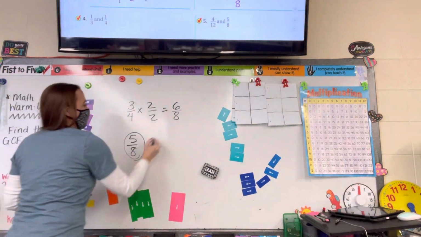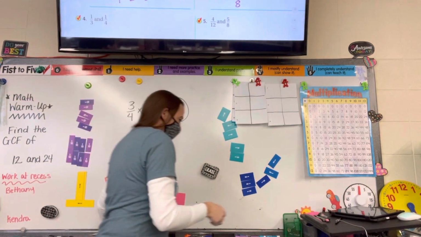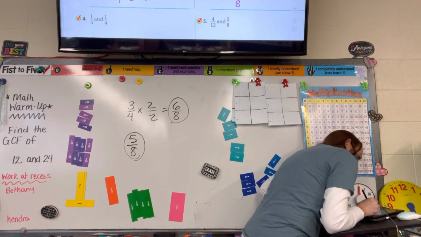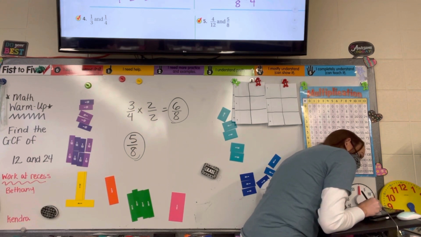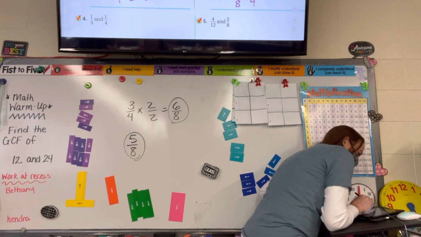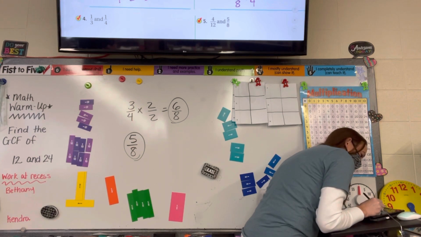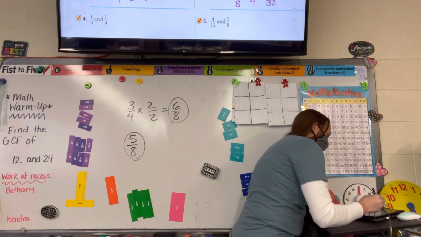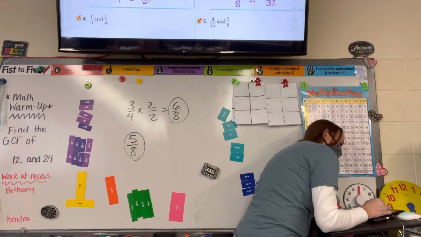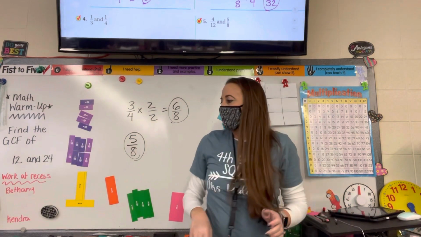So 5/8 and 6/8. Or you can multiply 3/4 times 8/8 and 5/8 times 4/4 and get 24/32 and 20/32. Either one would work. Either the one that I wrote on the whiteboard or the one I'm writing on the TV.